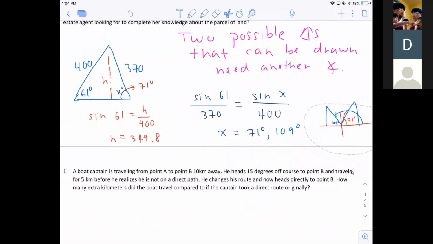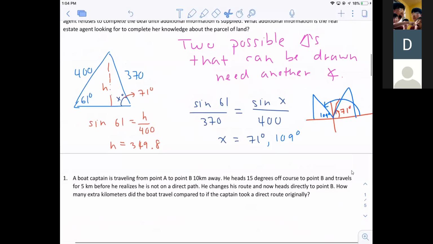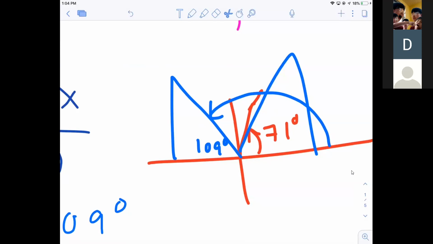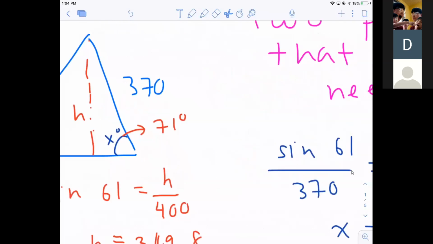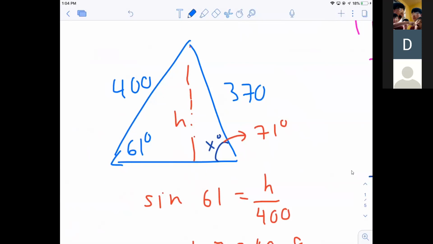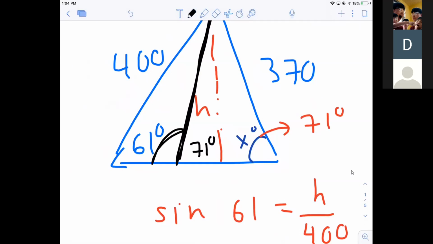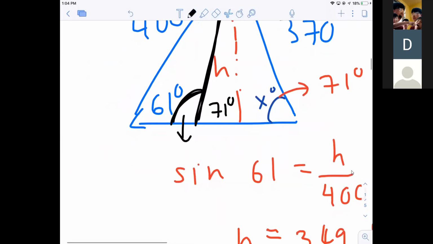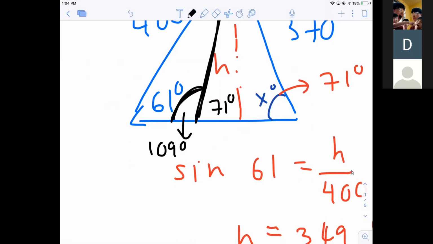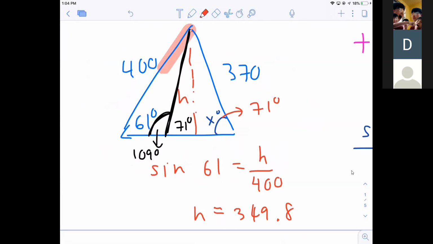If you don't like doing this with the reference triangles, you can also just draw it out. Draw out the other possible leg here in the diagram, like this, and say this could also be 71 degrees. Another triangle that could be made is this one on the left. The diagram can also look like this because it's not drawn to scale.